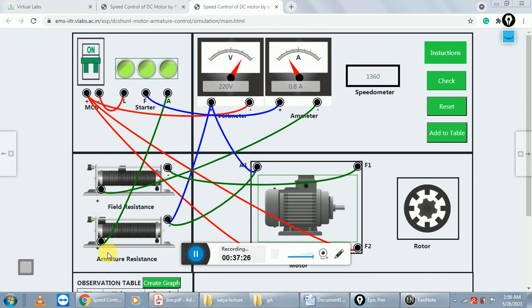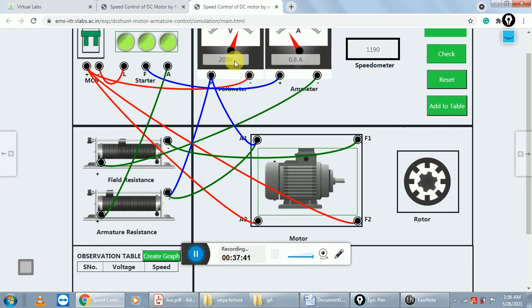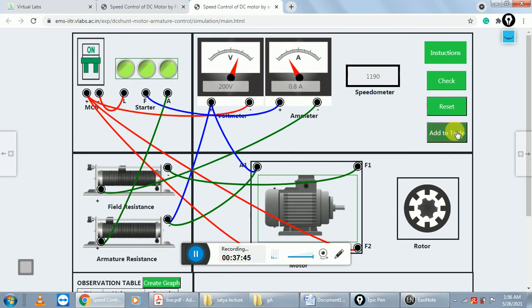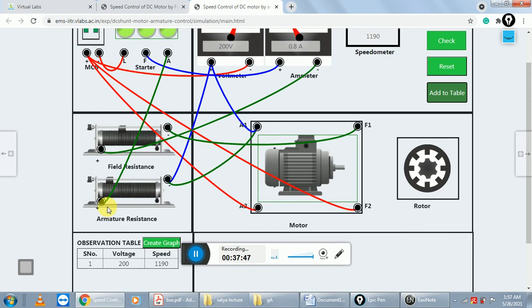Here, we increase the value of the armature resistance. This is the first reading: voltage 200, current is this, and click on add to table.